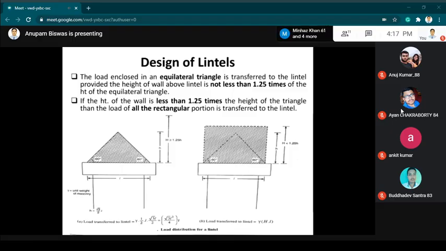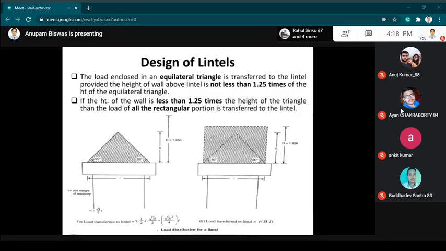Okay, in that condition, the load that is coming onto the lintel is in the form of the equilateral triangle, the hatched area that you see. Above the opening there will be the lintel, and above the lintel there will be the masonry wall.